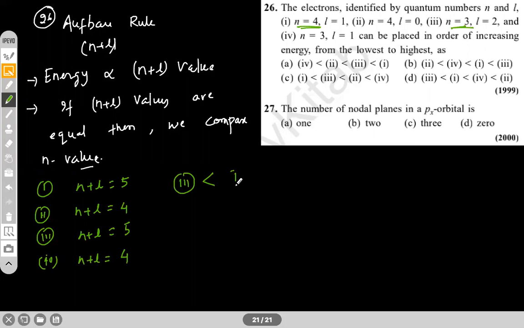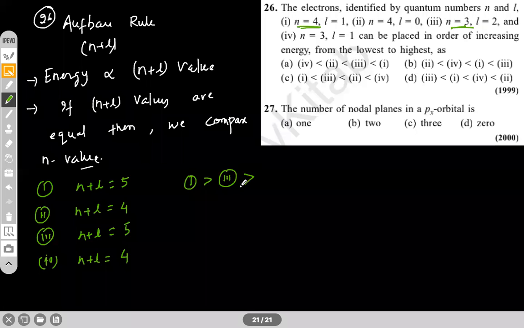Then we have the first one. The energy of first and third is more than that of second and fourth. Of first and third, the energy of first is more. So first one has maximum, then we have third.